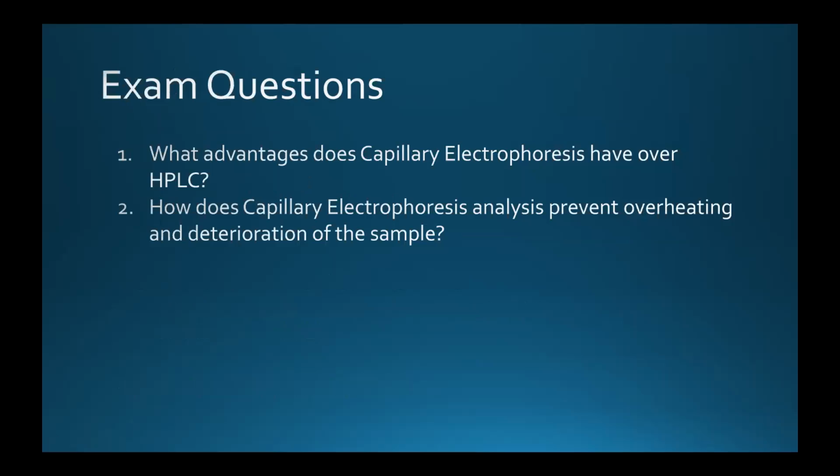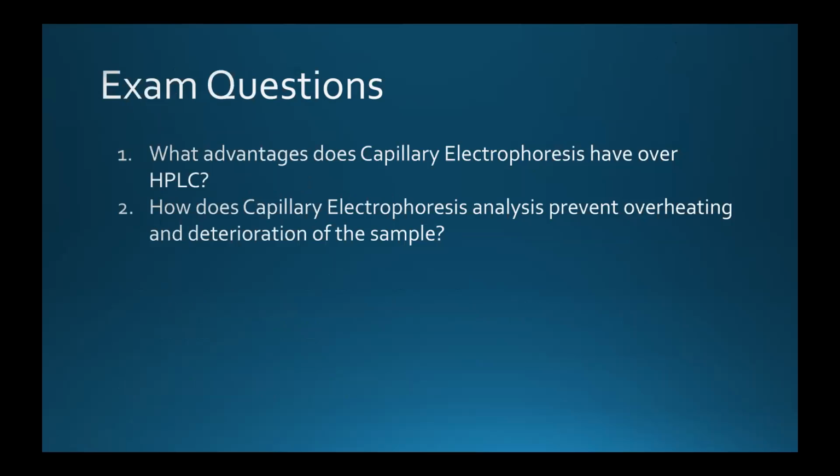So these are my exam questions. I also put them on here. Both are open-ended. What advantages does capillary electrophoresis have over HPLC? The prevention of overheating, the shorter runtime, the smaller sample size. There are many options you could say for that.